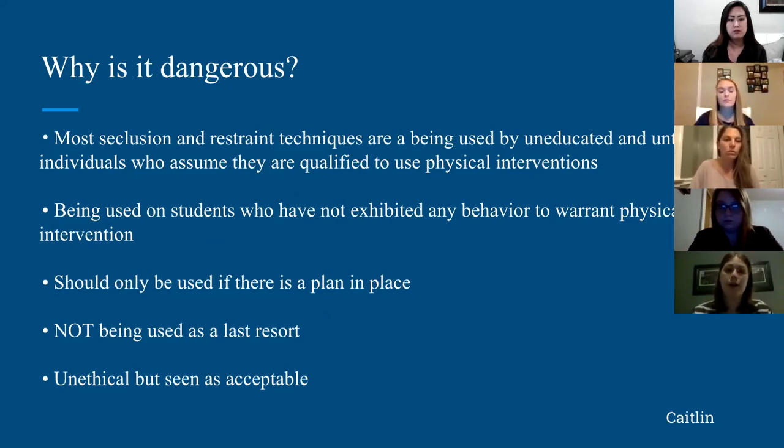It should only be used if there's a plan in place, explaining why to use it, when to use it, how to use it, also interventions that can be used before as preventative techniques. It's not being used as a last resort, it's being used before then. And it's seen as acceptable, although it is unethical when it is used improperly and is causing harm and death.